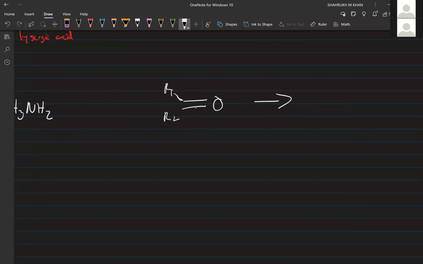You have any sort of amine here. I think the book might have a general way to describe it, but let's just do a primary amine first. So we'll call this R3, NH2, then you put it under these conditions.